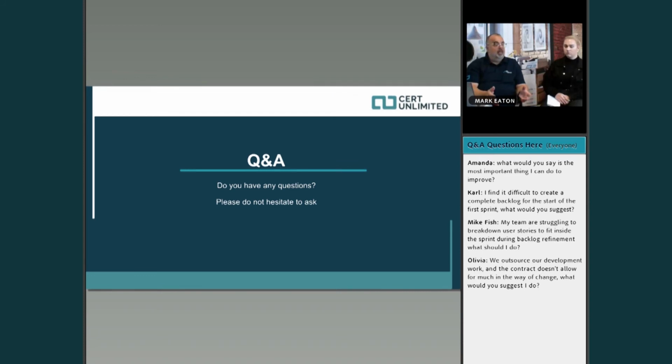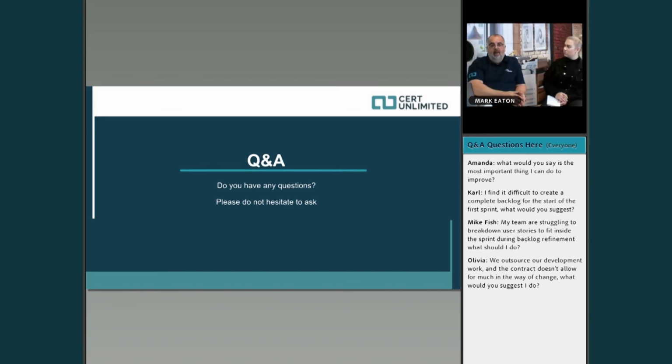That's one of the reasons we have a daily scrum, so that we can carry on replanning. Get your team involved in refining and creating your backlog. Get stakeholders involved in refining your backlog. And really, for me, by the end of the first sprint, as long as you've got enough to start the next one, or perhaps enough to do the next sprint and the next two, that's what you need to do.